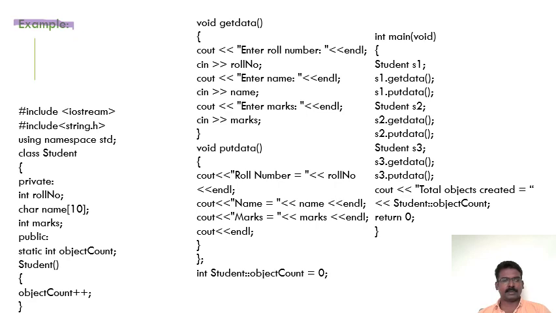For that a C++ program has been written. Here we have used a static data member. As I already said, this static member is used to count the number of objects that have been created.